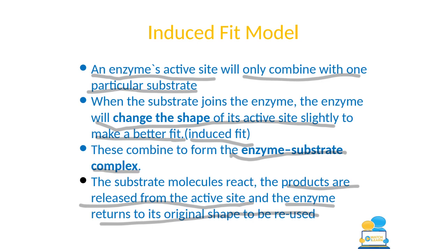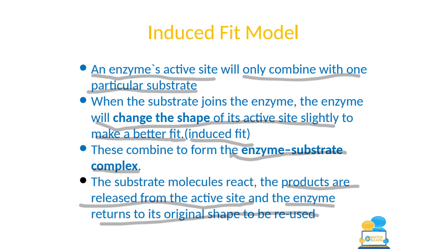With a question like this, where we're asked to describe the function or outline the action of enzymes, we put it in bullet point form, where it's much easier for the examiner to correct and much less complex to read. And again, we need to reference our key features of the action of an enzyme. The enzyme's active site will combine with one particular substrate.